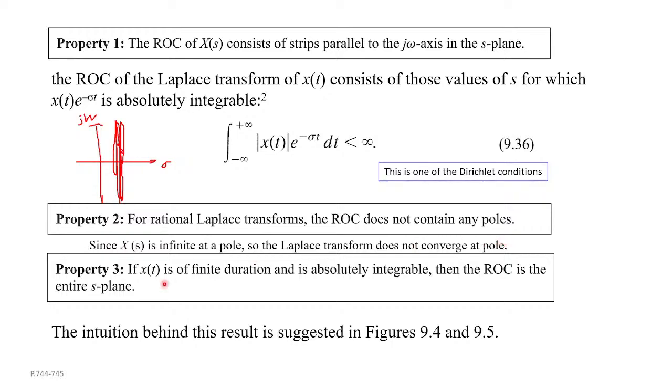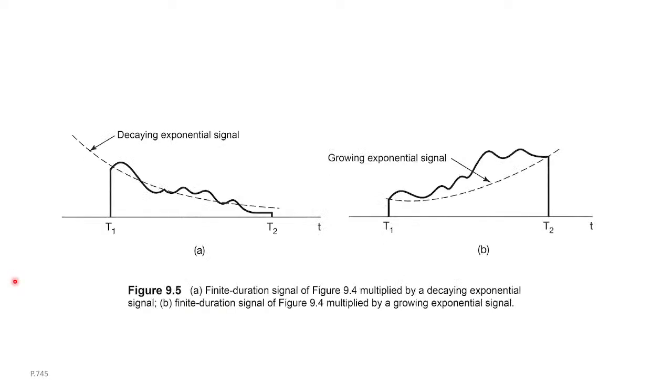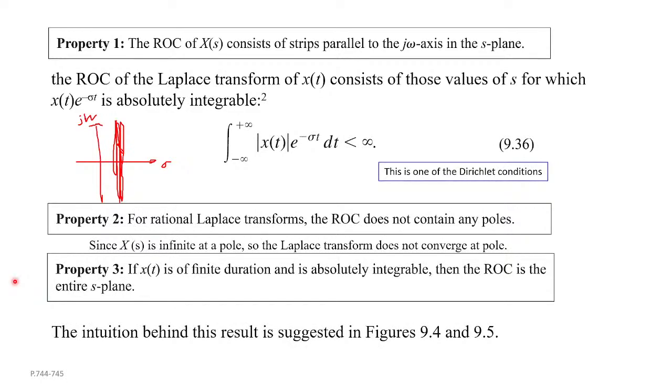And then there are properties 3, 4, 5, I believe. Actually, 3 to 6 are talking about the shape of the ROC for some nice functions.